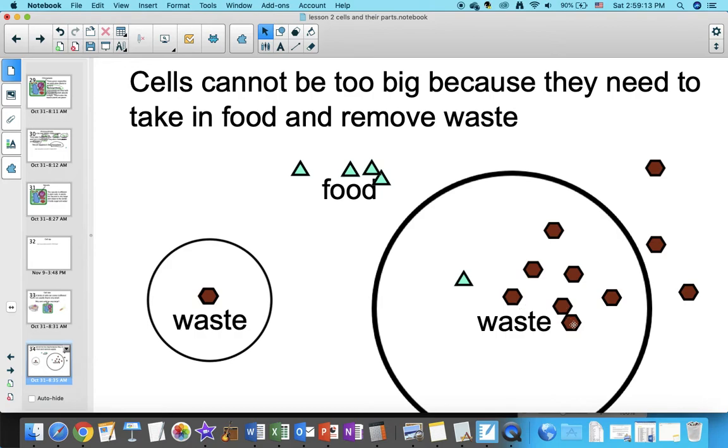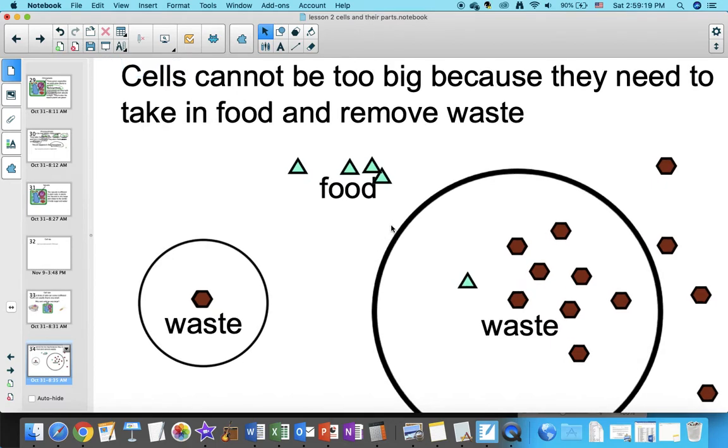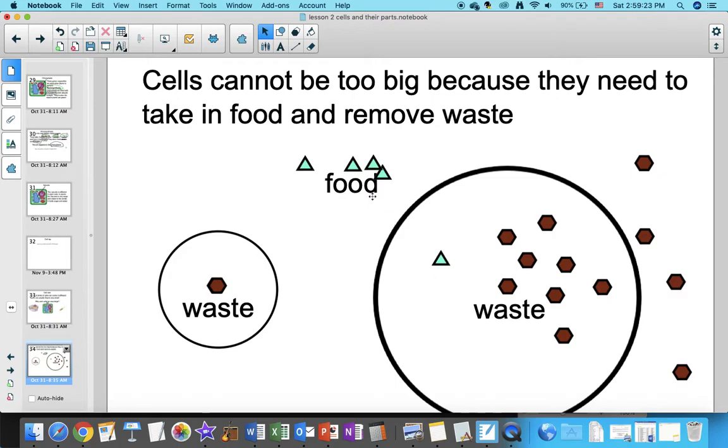And so because waste starts building up, it can become poisonous, and food may take too long to travel through the cell and make it to where it's needed, and it needs even more food because it's so big. And so cells have to balance the speed of removing waste, the speed of bringing in food, and the amount of food and waste they produce or need.